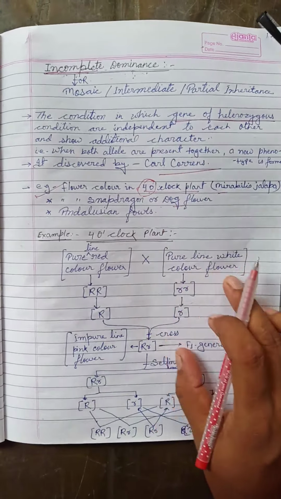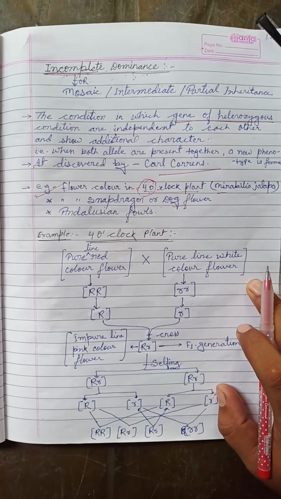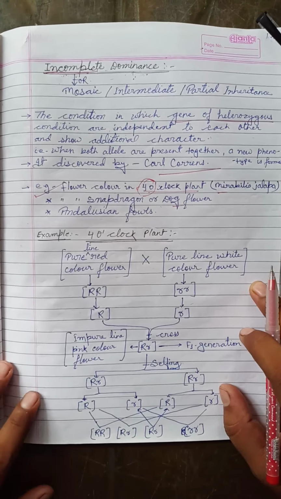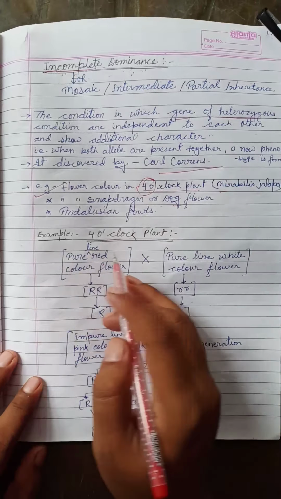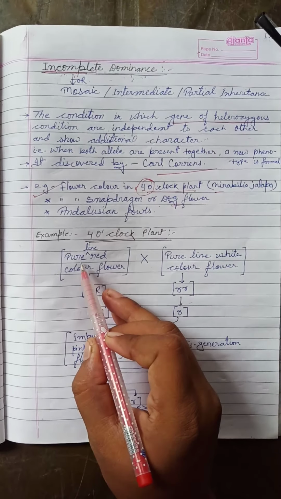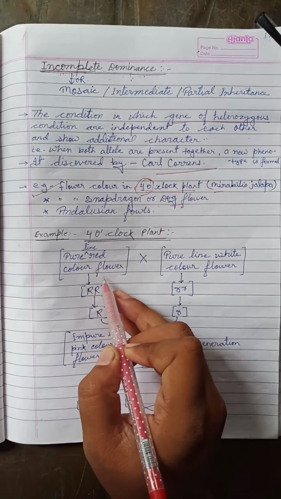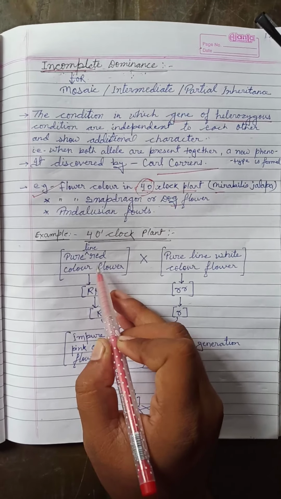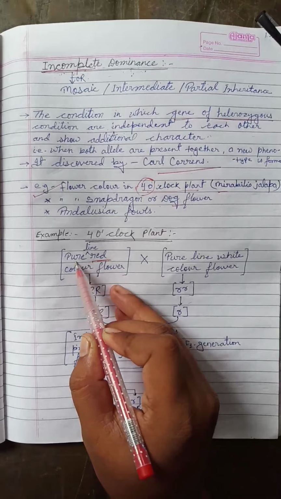Let us also discuss an example. Just look here, it is the example of the four o'clock plant, and we are crossing a pure line red flower. What is the meaning of pure line?